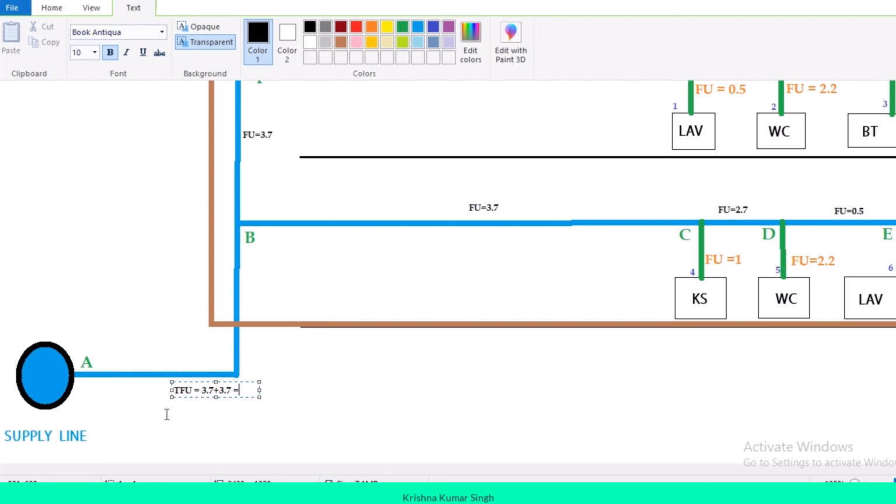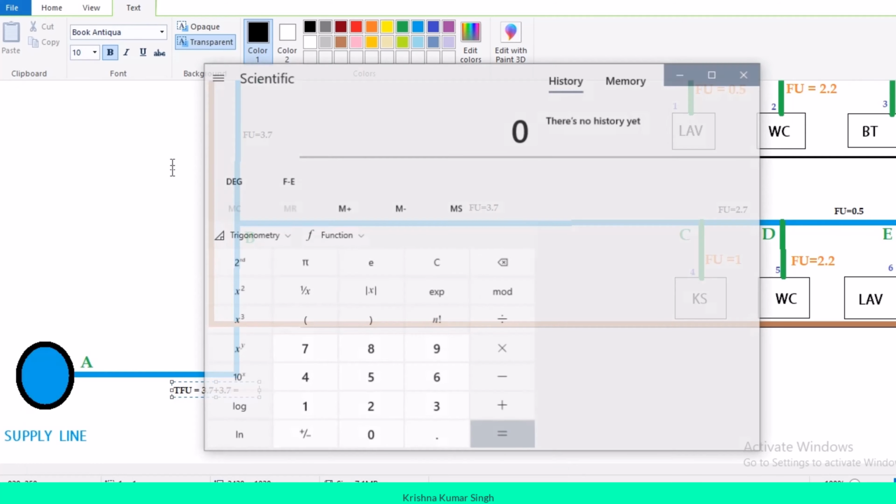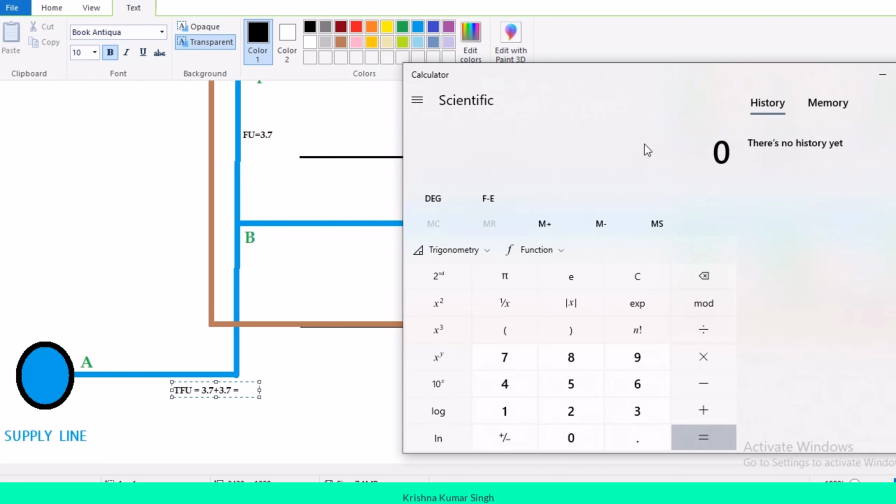After finding out the total fixture value, we will convert this to GPM. So 3.7 plus 3.7, we will sum. Let me show the calculator for you. I will write it directly, but for some fresh people, 3.7, okay, 7.4. Very easy.